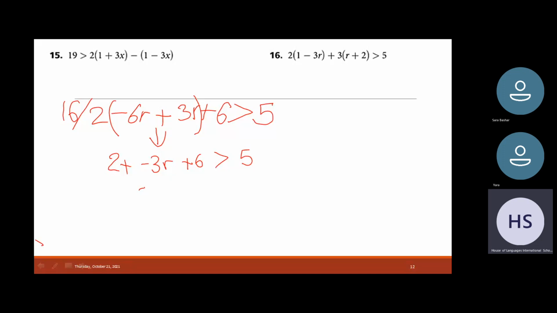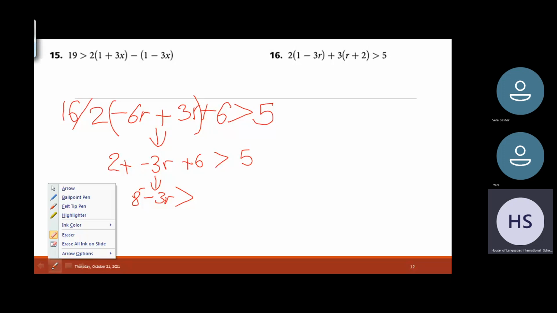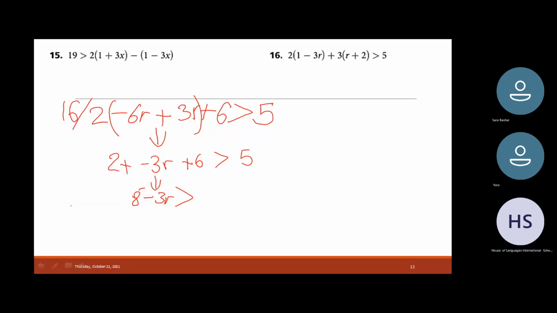Here it's 2 minus 6r plus 3r plus 6, greater than 5. Here you have plus between them, so it's like 2 minus 6r plus 3r plus 6. Okay, bravo. Continue. Then minus.